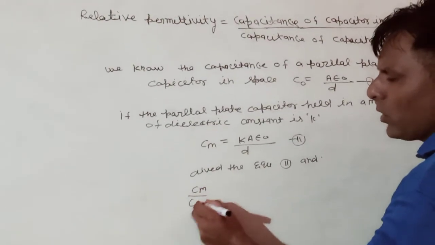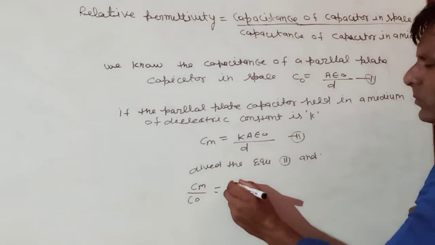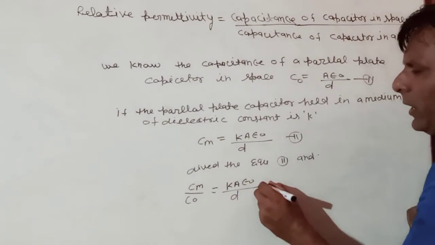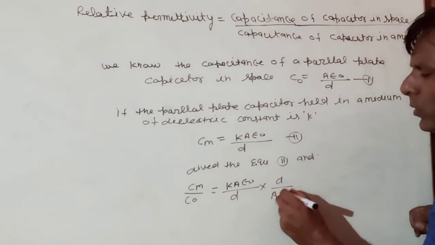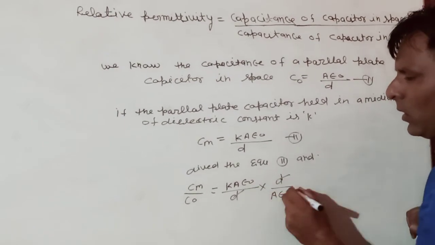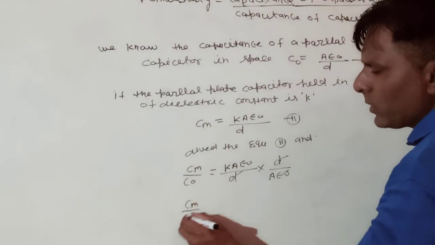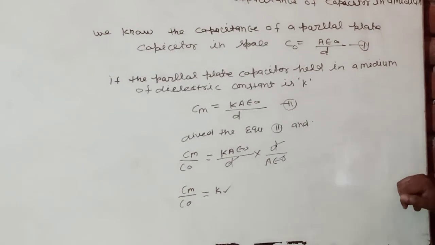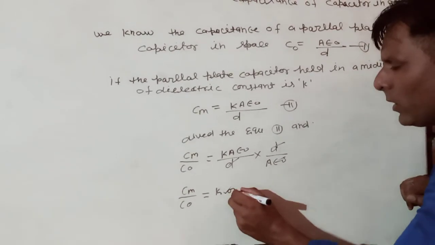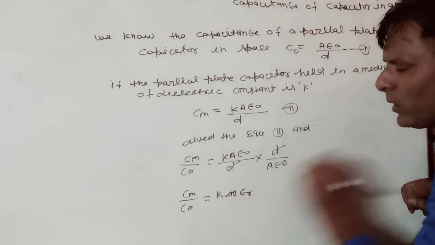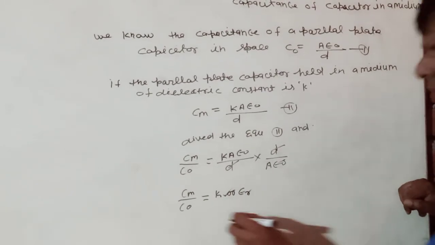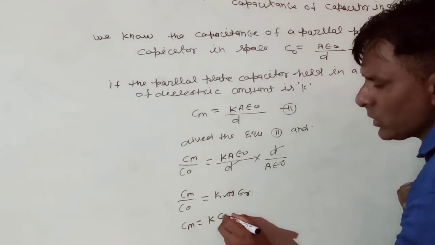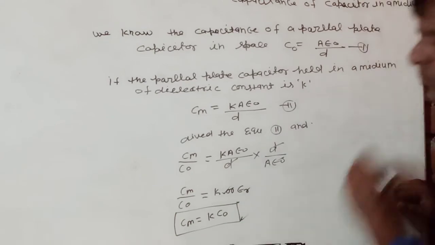Cm upon C naught is equal to K into A epsilon naught upon d into d by A into epsilon naught, or Cm upon C naught is equal to K. K is the dielectric constant or relative permittivity, or Cm is equal to K into C naught.